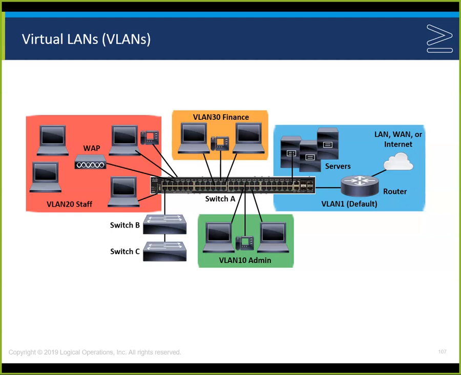And when you think about it, we might have finance people in different offices, different physical locations, maybe even on different floors of the building, maybe even in different buildings. We could then allow them to be on the same IP network, the same broadcast network, and all we've got to do is connect our switches together with trunk ports so that they communicate with each other. It shows IP phones in here. The IP phones are going to have their own VLAN.